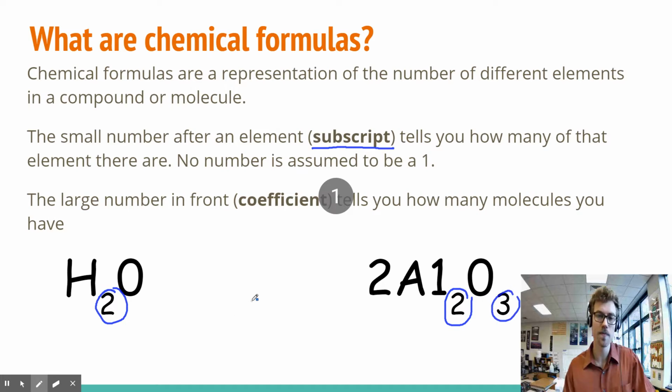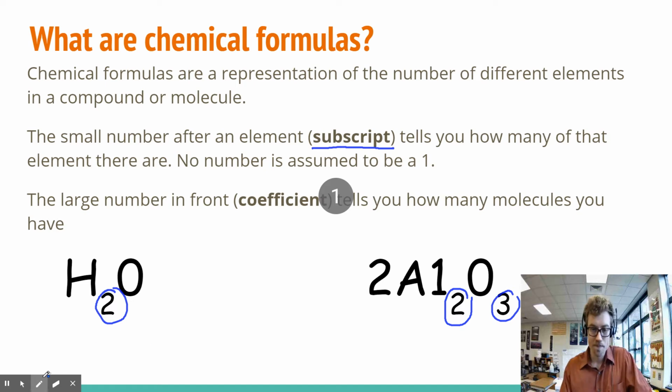The subscripts tell you how many of that element there are, the element in front of the number. So this 2 in H2O is telling you that there are 2 hydrogens, not that there are 2 oxygens. Here, the Al2 is telling you that there are 2 aluminums. O3, that's telling you that there are 3 oxygens.